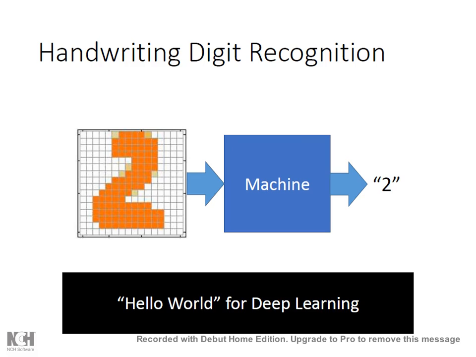Here, this image means a number. So we hope the computer can do this automatically. We will have 0, 1, 2, 3, 4, 5, 6, 7, 8, 9, totally 10 digits, so we only need to recognize the 10 digits.